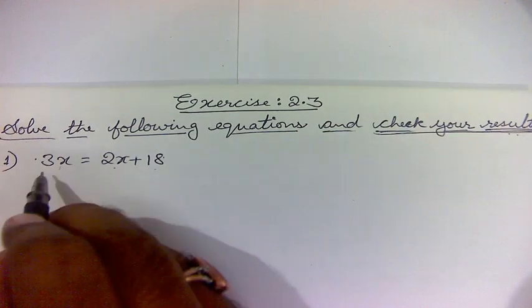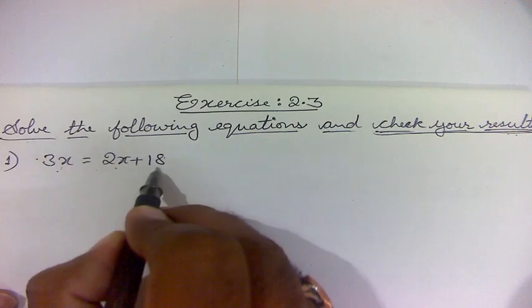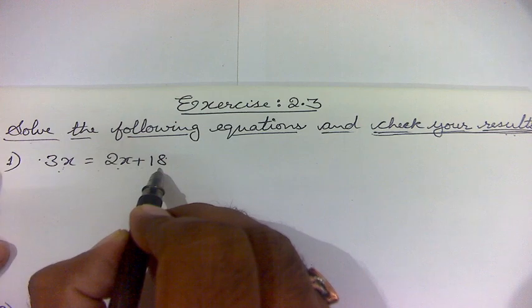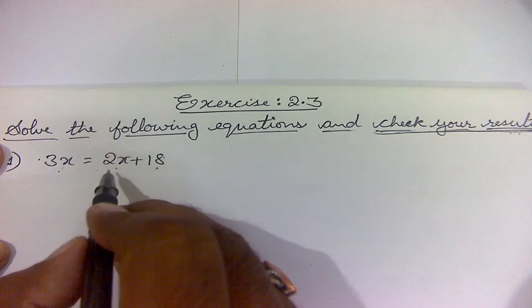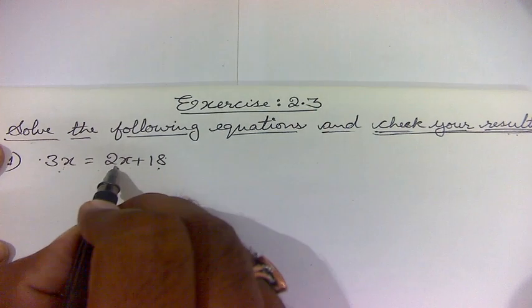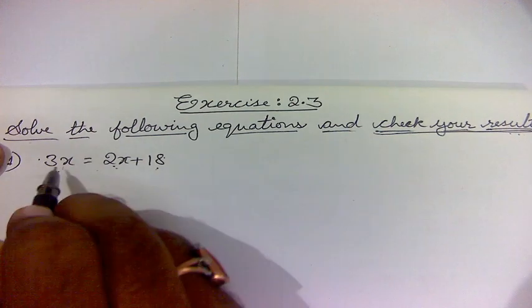So let's begin. The first question says 3x is equal to 2x plus 18. In order to solve this, we will try to bring the variables on the same side. So 2x is here on the right side, we will move it to the left side.